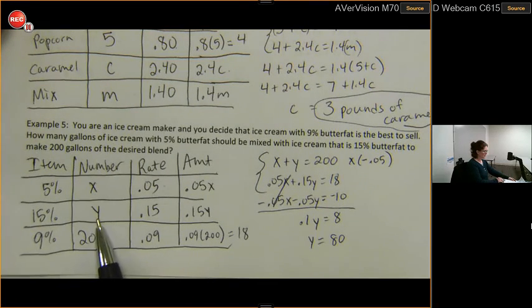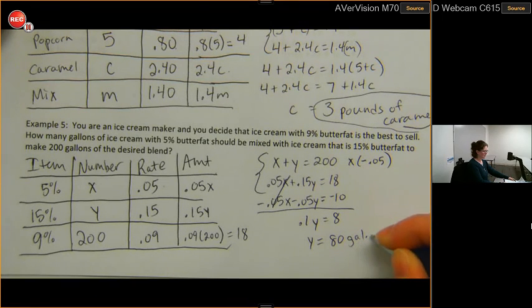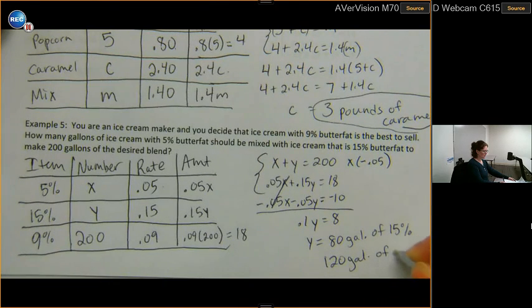So y represents the amount of 15% butterfat. So we're going to have 80 gallons of the 15% butterfat. And since we have 200 gallons total, that means we're going to have 120 gallons of the 5%.